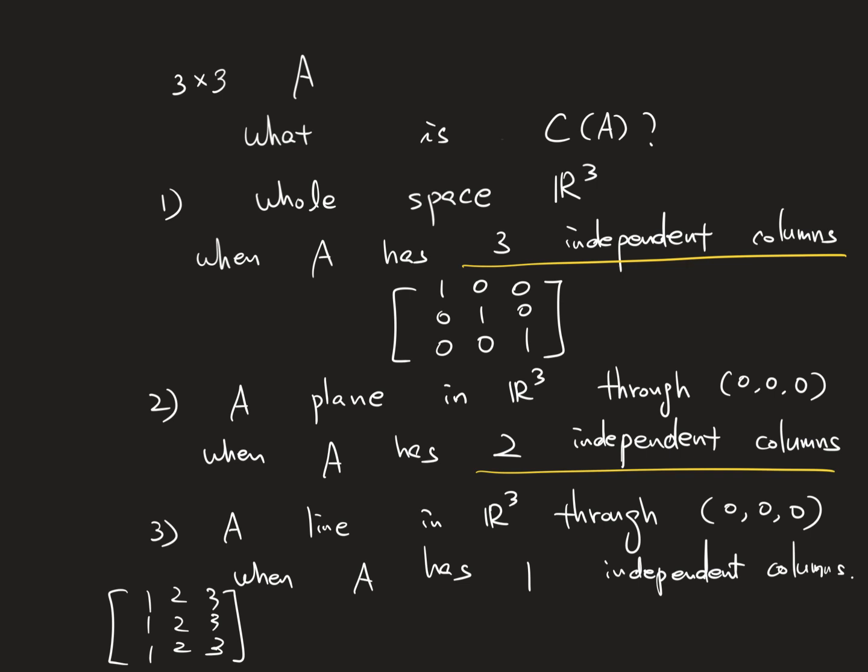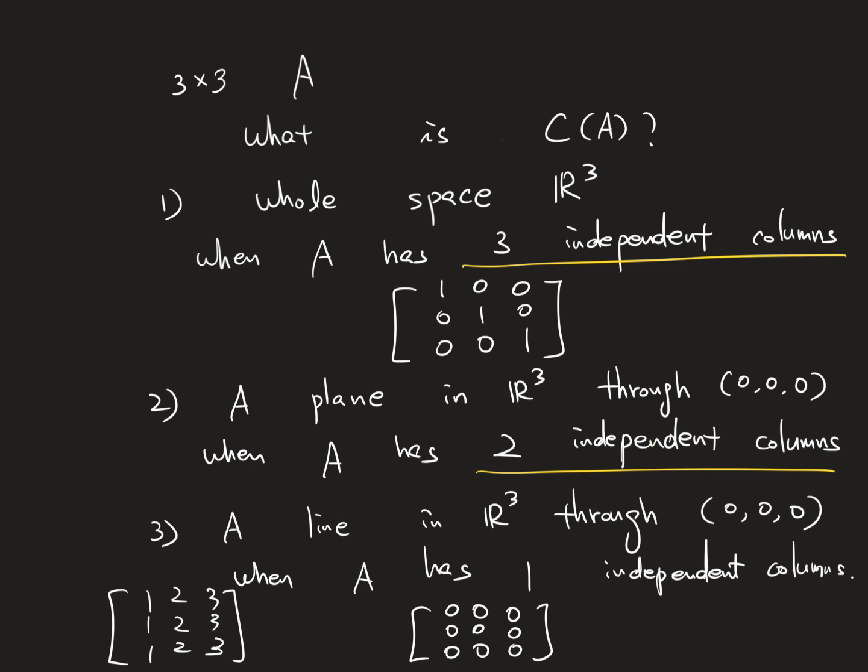But another possibility is just a dot, just the origin, because A could be all zeros. In that case, a linear combination of the 3 columns is only the zero vector, so what we have is just 1 point. But it could be a possibility.